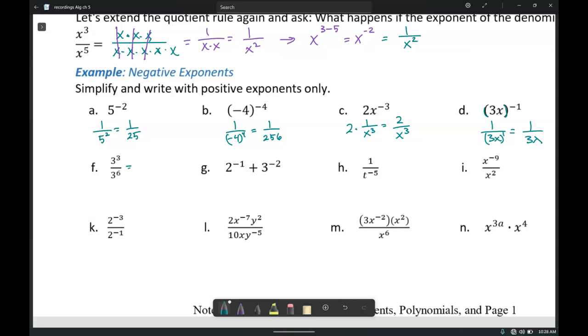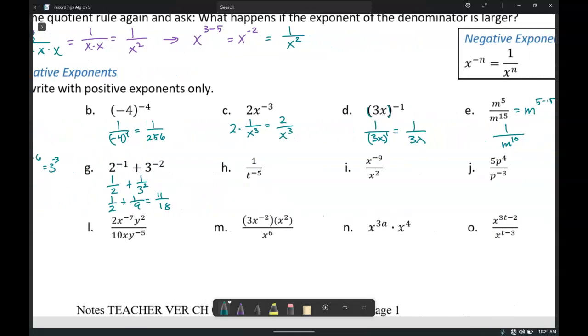Here we have the same idea, 3 to the 3 minus 6, which gives us 3 to the -3rd, and then we can rewrite that as 1 over 3 to the 3rd, 1 over 27. 2 to the -1 is 1/2. 3 to the -2 is 1 over 3 squared. And we can add those together. We get 11 over 18.